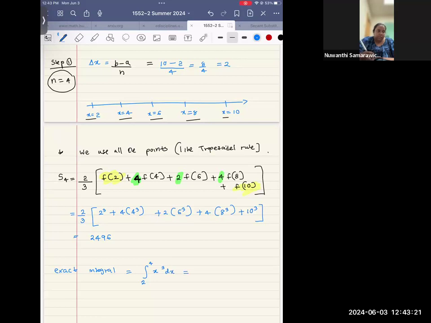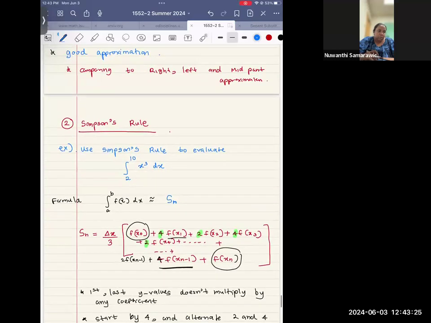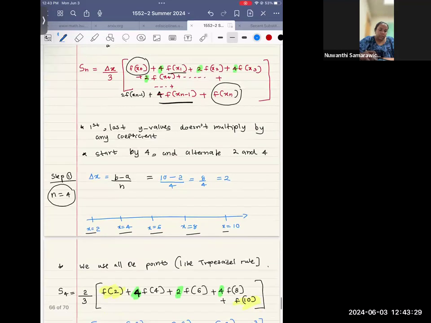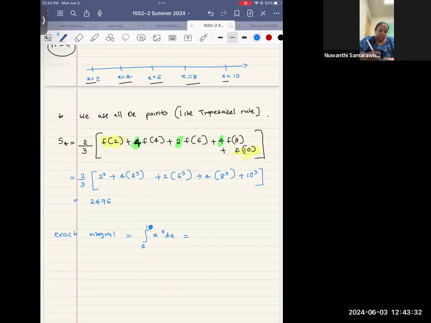of this? Sorry, 2 to 10. Yes, so you will see this exact value, we get the same answer.